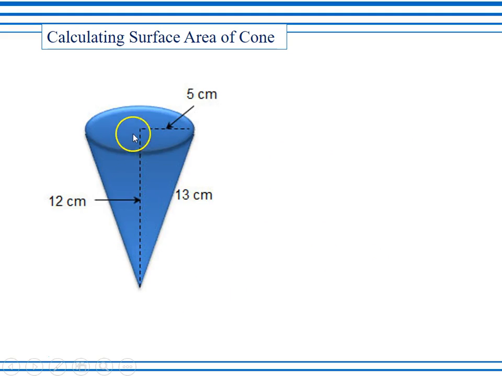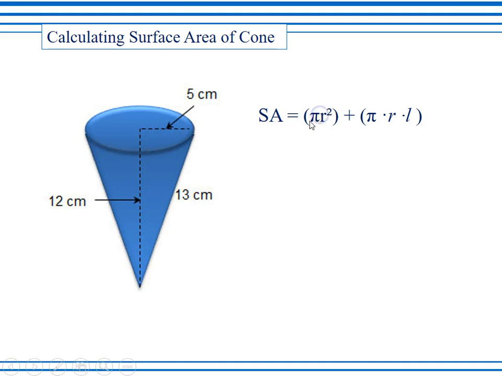Here we have another cone. Again, we have the same radius of 5, but it's actually 5 centimeters this time. We're given the height of the cone, which is 12 centimeters. We don't need that for the formula, but we'll see that that is handy information later on. And the slant height from the circumference to the vertex is 13 centimeters.